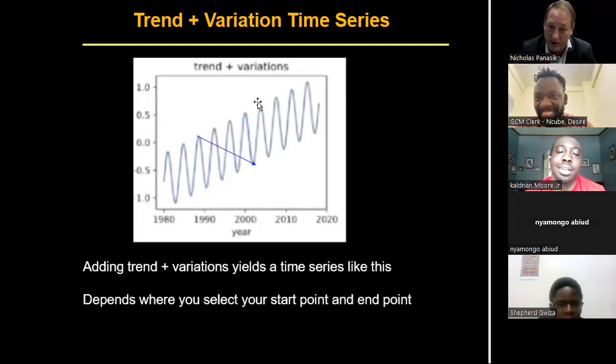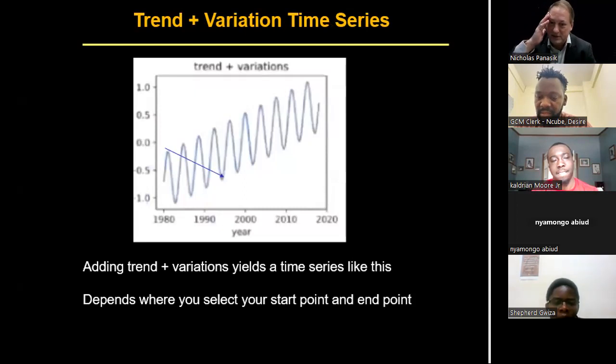I can go over here and do the same thing. Look, in this time period, the world is cooling. Every time period I pick, the world is cooling. There is no such thing as global warming. What's the problem here? I'm picking all these periods and I see cooling in each one of the periods that I'm picking.